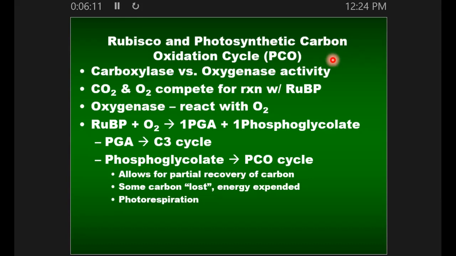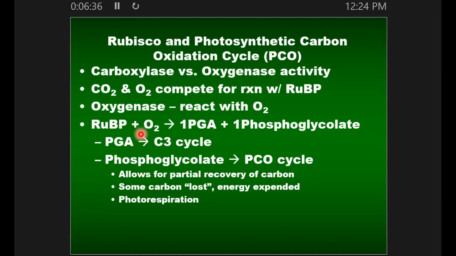Well, that can create some problems. So here what you're seeing is if RuBP reacts with oxygen, you get one molecule of PGA and then a 2-carbon molecule, phosphoglycolate.